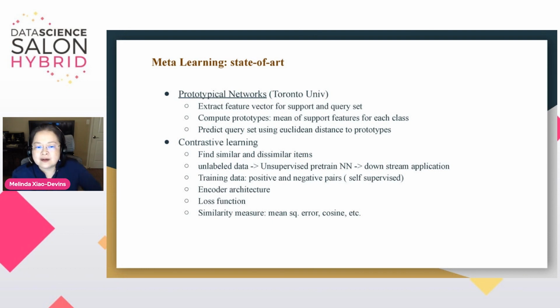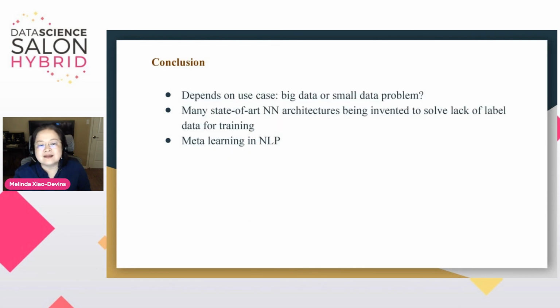So again, contrastive learning involves the construction of positive and negative samples. There are many experiments that can be done here, and much creativity can be utilized here, and also the embedding loss function. Those are several main developments in the deep learning space.